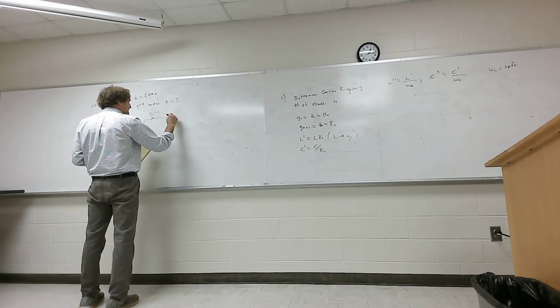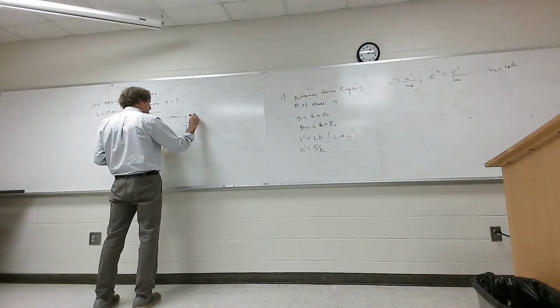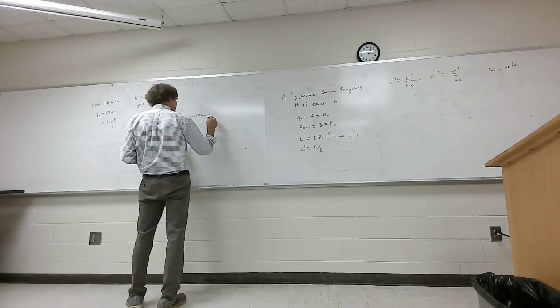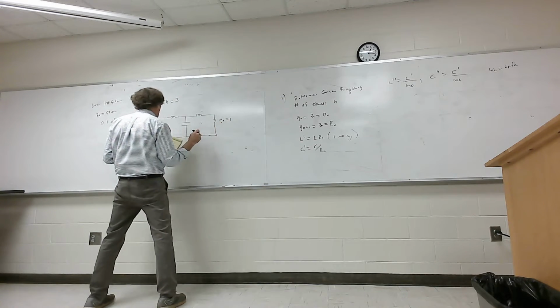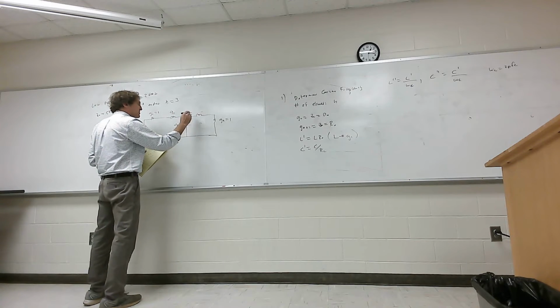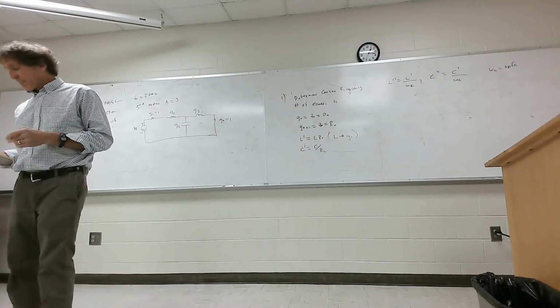And this will be an inductor, but it really doesn't matter for this part. And then this is 1 also. So this is G1, this is G2, and this is G3. These are just the values we're going to get next from the table.